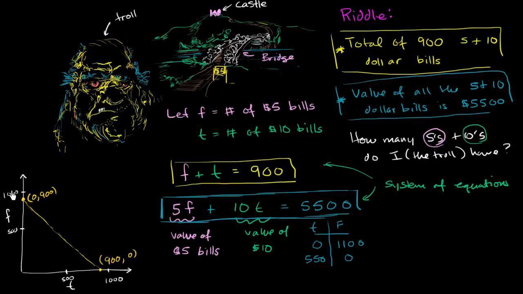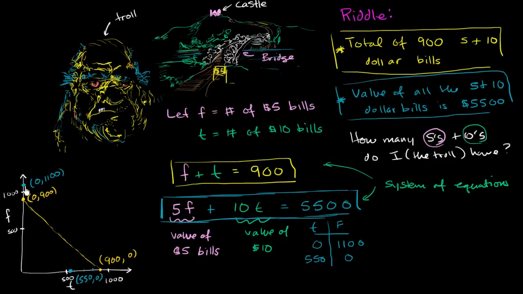So let's plot both of these points. T equals 0, f is 1,100, that's right about there. So that is the point 0, 1,100 on the line that represents this equation. And when f is 0, t is 550. So let's see, this would be 6, 7, 8, 9. So 550 is going to be right over here. So that is the point 550, 0.